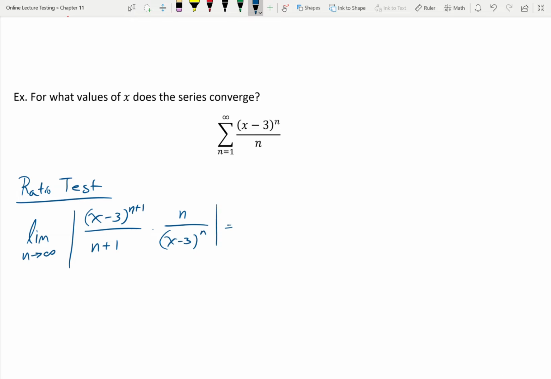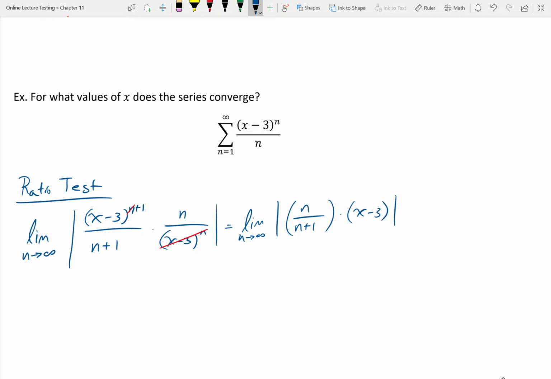All right, let's see what values cancel out or what we can combine together. Well, we're going to cancel out these terms here, and these are raised to the same power, so I'm going to rewrite just a little bit. So times the absolute value of x − 3.